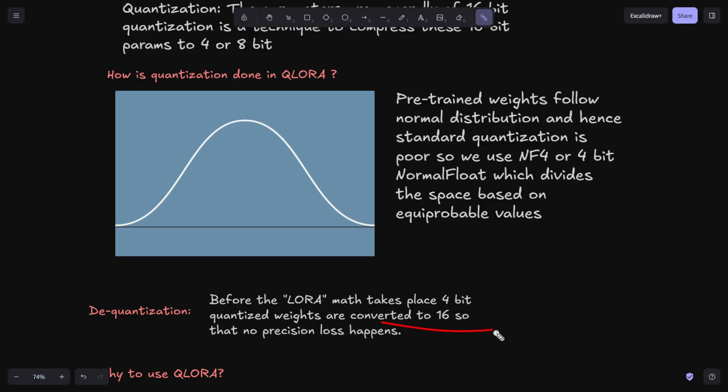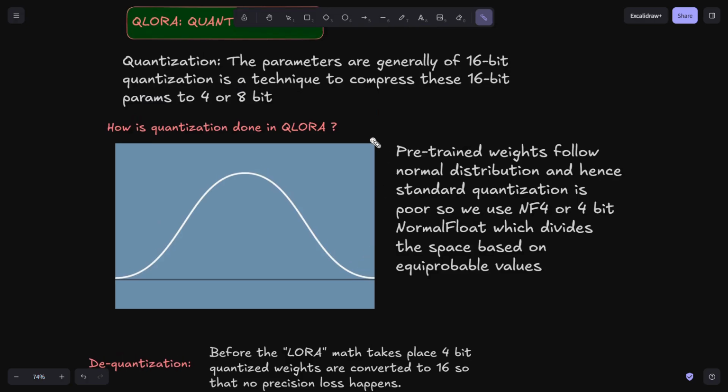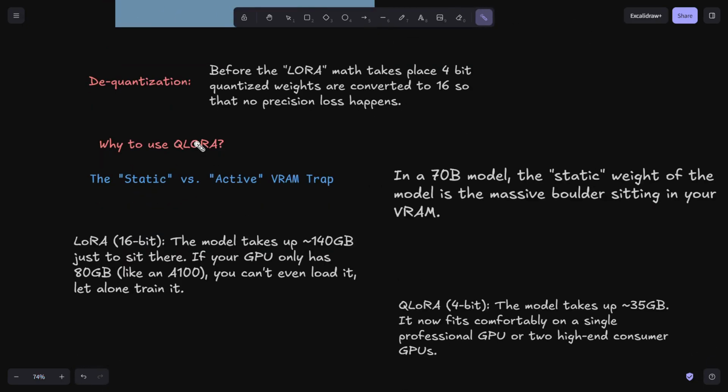Now you must be wondering, then why did we firstly downscale it to 4-bit and why not use 16-bit itself? So there's a static versus active VRAM trap. Let's say you have a model of 70 billion parameters. The static weight of the model is itself sitting in your VRAM and taking a lot of space.